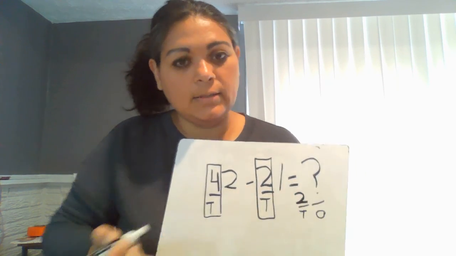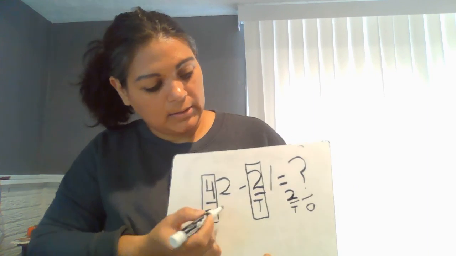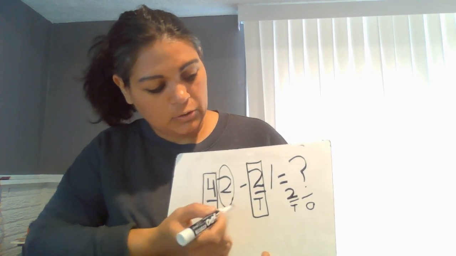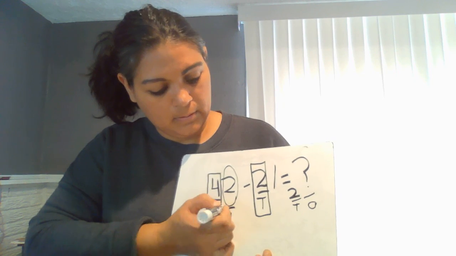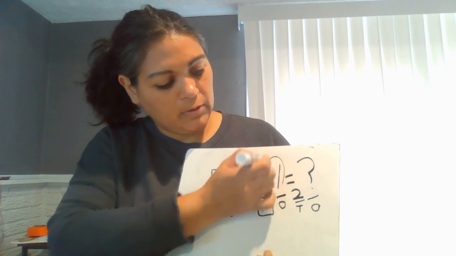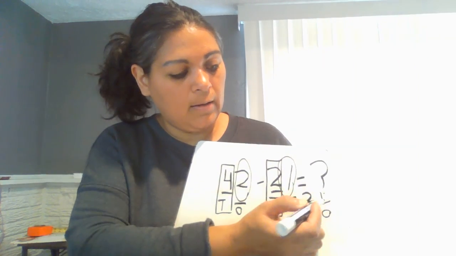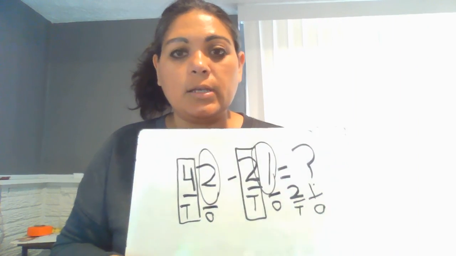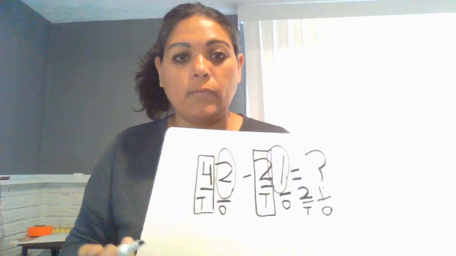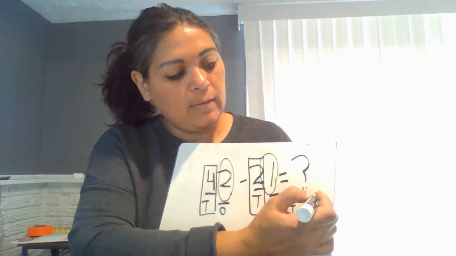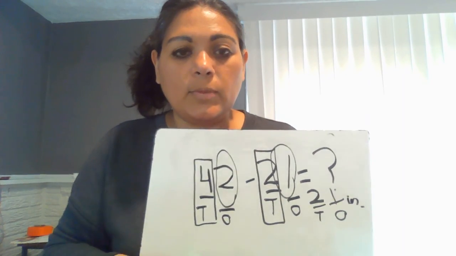I have 2 tens. Now let's look at our ones place. I'll go ahead and circle my ones place, so I know those are my ones. 2 minus 1 is 1. Very good.